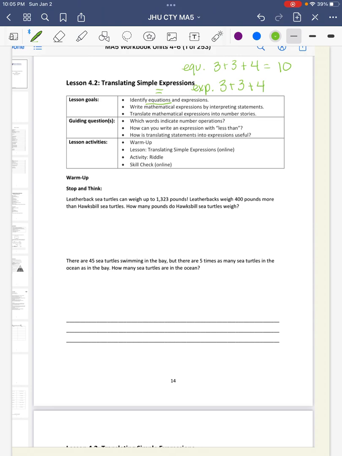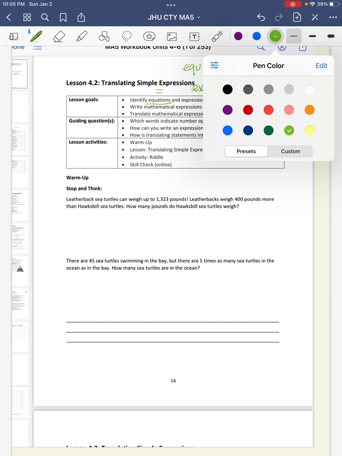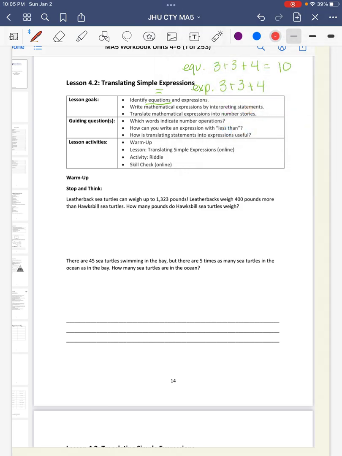So let's look at it and hope my iPad doesn't go to sleep on us again. Okay, so I'm going to change my color here just so we keep things fancy. So we have leatherback sea turtles can weigh up to this many pounds. So I'm just going to abbreviate the leatherback as L. And they're going to be 1,323 pounds. Okay, numbers are important.